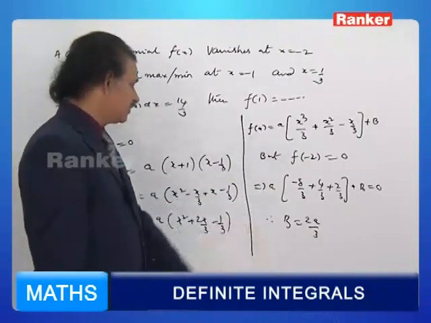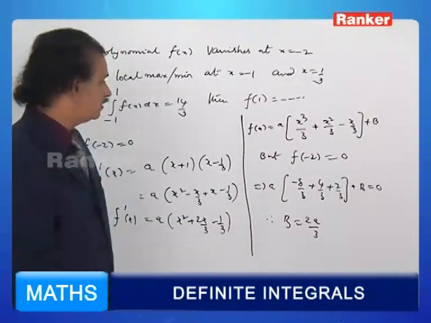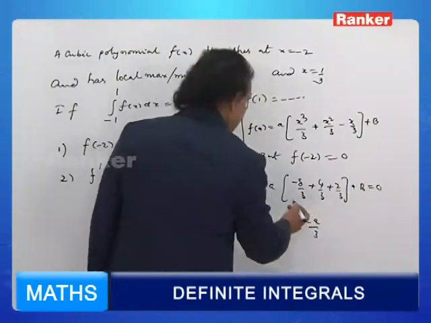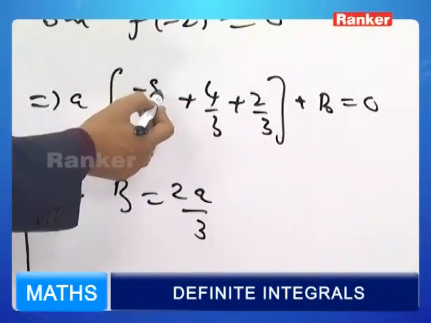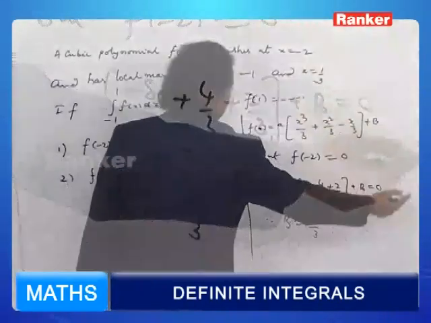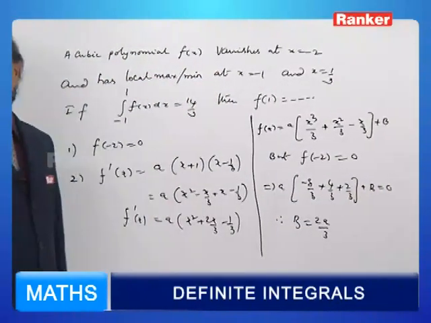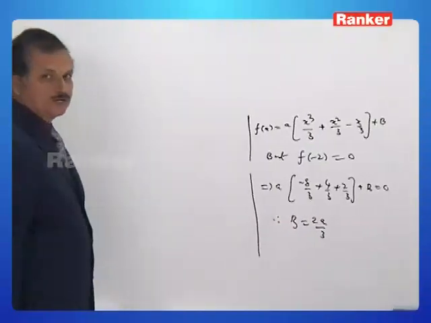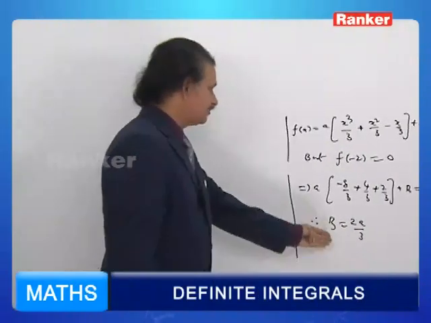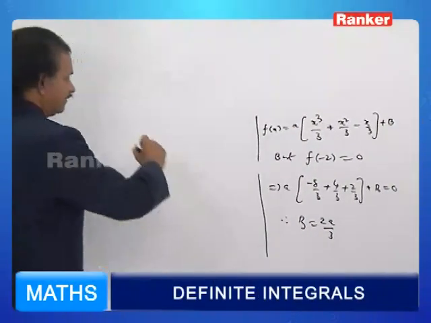By making use of this, we will be able to have b. This is 6 minus 8 is minus 2, minus 2 by 3 into a. If it goes that side, what can you have? b is equal to 2a by 3. We have got b is equal to 2a by 3. Let us make use of this b to estimate f of x.